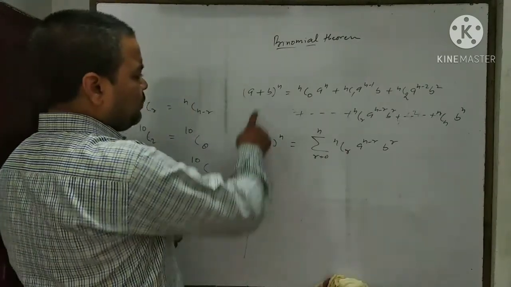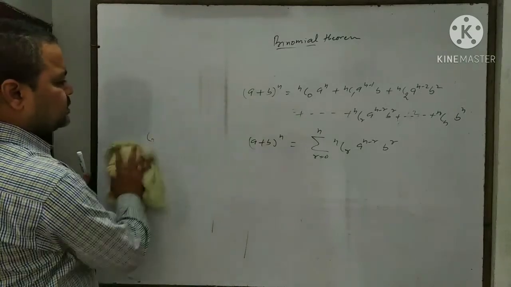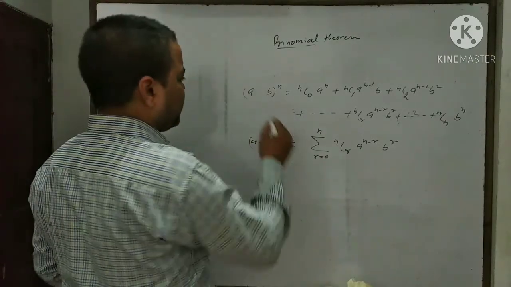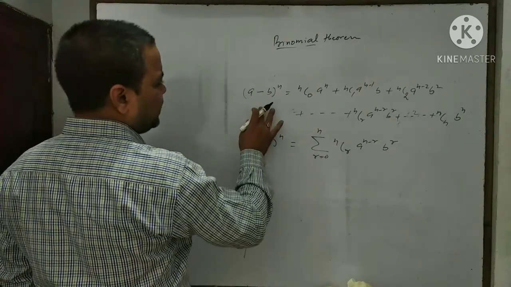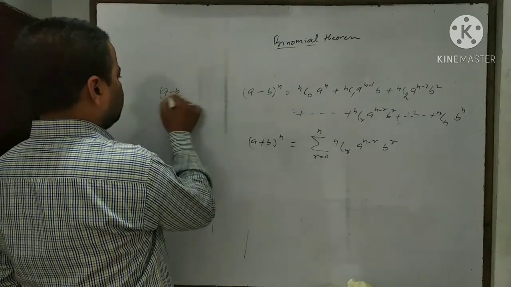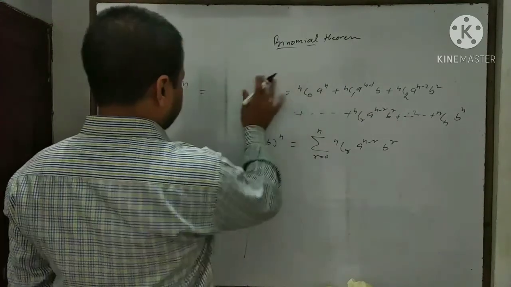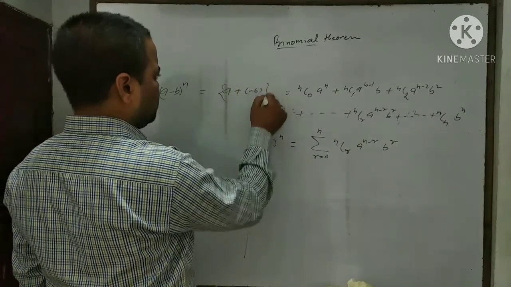Now if in this case, in place of a plus b, we write a minus b, then a minus b raised to the power n can be written as a plus minus b whole raised to the power n.